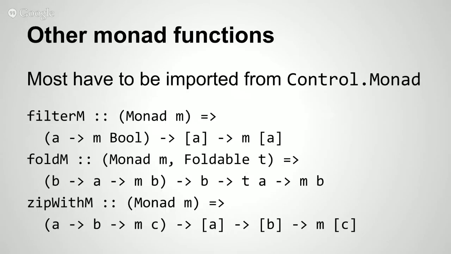So some other monad functions: there's a monadic analog of filter, filterM, where you pass a Kleisli arrow A to M bool, and you get a list of A to M list of A. Again, that's a Kleisli arrow on the left, and A arrow M list of A is just another Kleisli arrow. foldM is likewise a monadic, or effectful, fold.